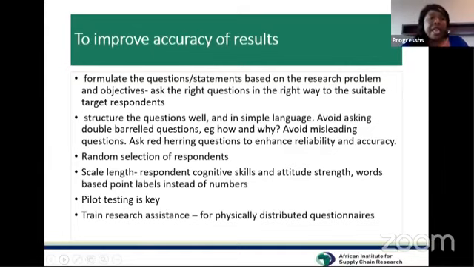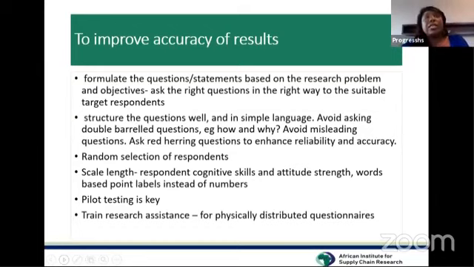Only if you can. And also check the scale length of your questionnaire as you are designing the questions. This has to be based on the level of understanding of your respondents, as well as the attitude strength. And make sure that you make use of words instead of numbers in labeling the points in that particular scale.